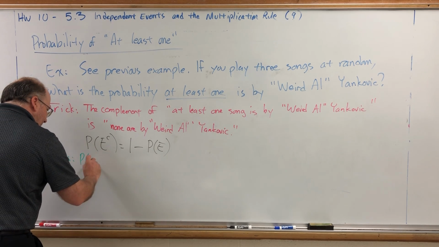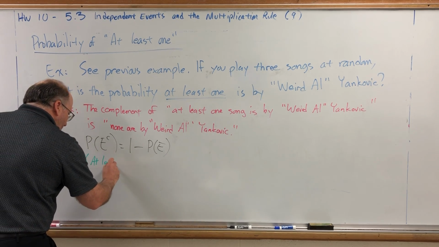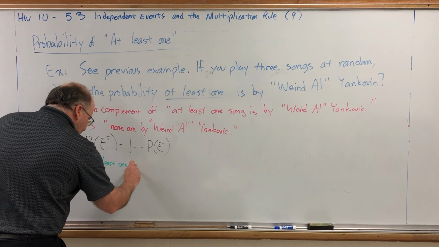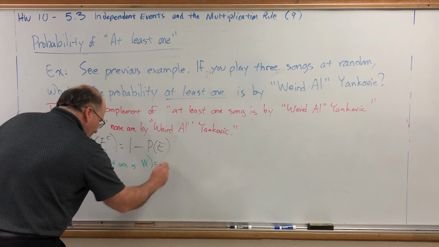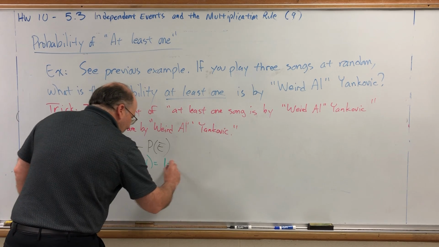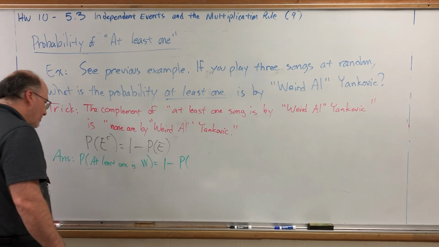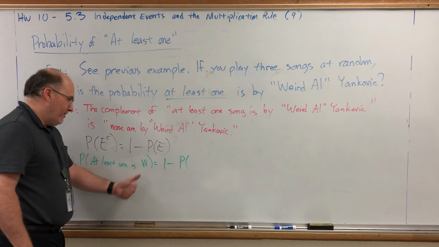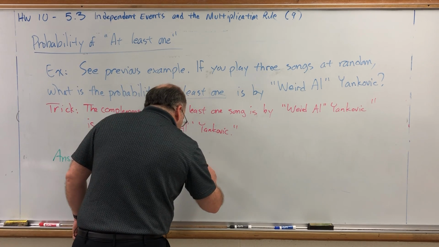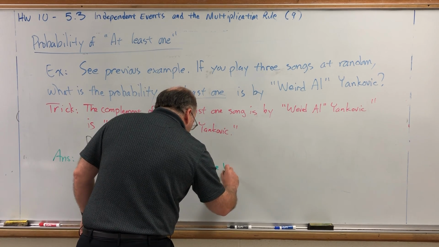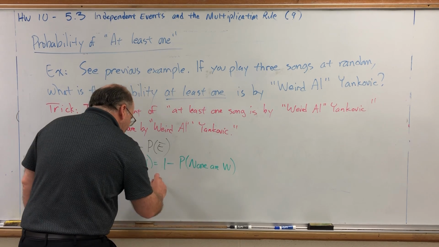To calculate the probability that at least one is, we'll say W, then that's going to be 1 minus the probability of its complement. And the complement of at least one of them is W is none are W. None are by Weird Al Yankovic.